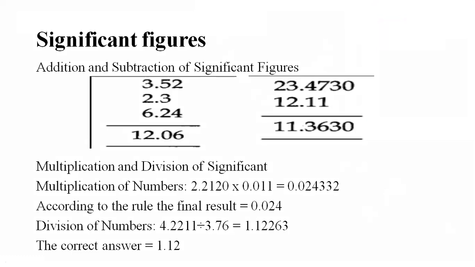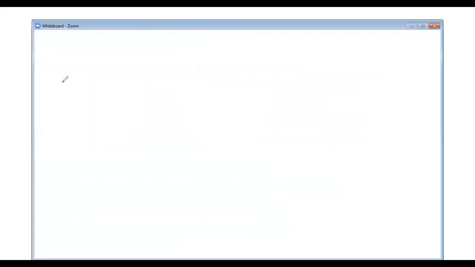If I give you an example on precision and accuracy, let me say the true value for some experiment is 2.00 grams. And there is a student A. What does the student do?